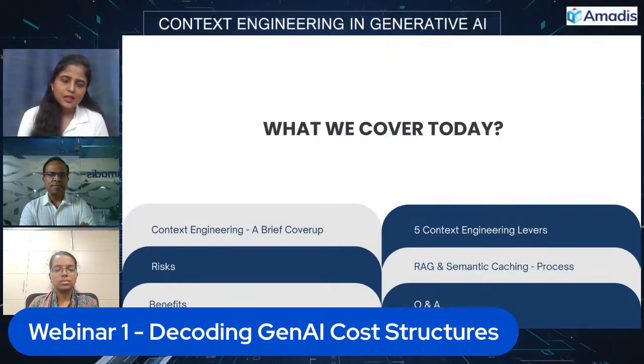Our speaker Raksha will also tell you the 5 context engineering levers that could help you do context engineering right and save your Gen AI budget. She'll also walk you through the detailed process of RAG and semantic caching, key strategies in saving your Gen AI costs. So that's a quick walkthrough of the agenda.